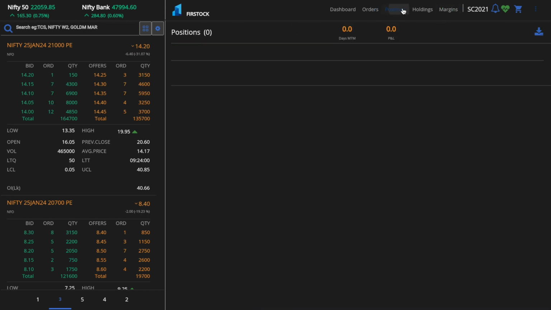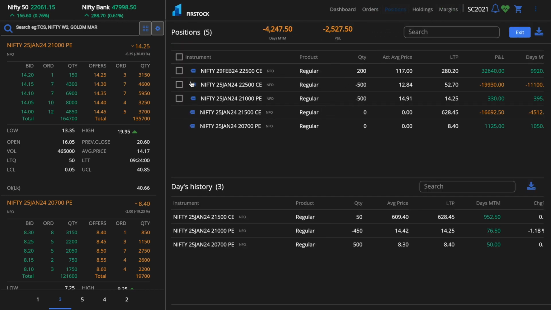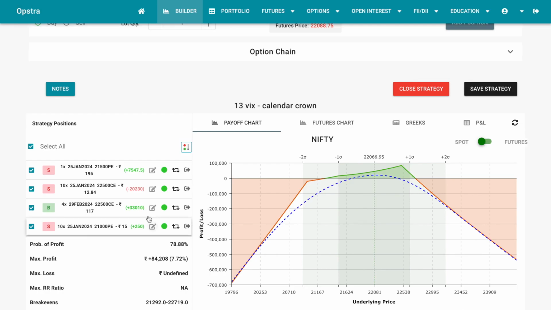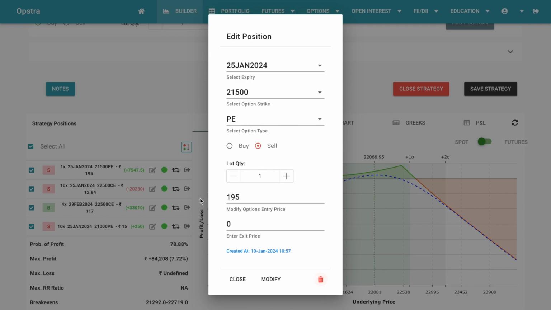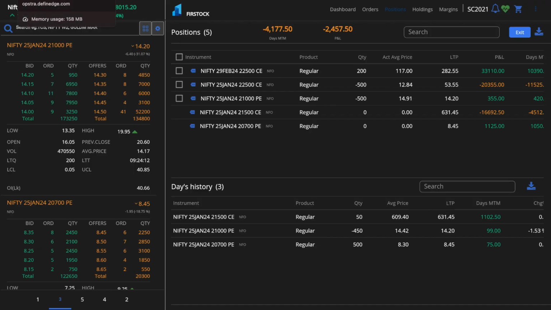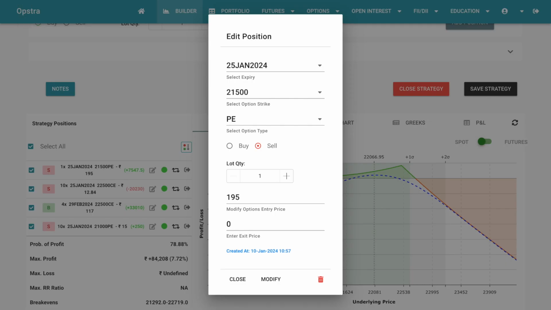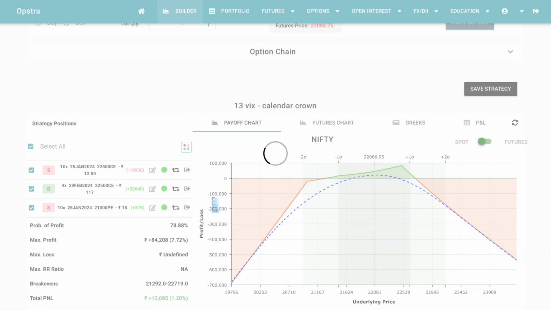Yes, only 3 legs. Okay, 22,500 and 21,500 PE. I think we have exited the 21,500 PE. I'm not sure really why we did that, but we had exited that.